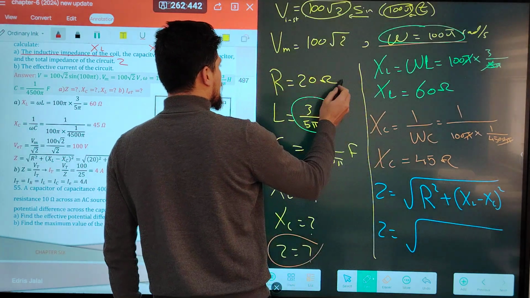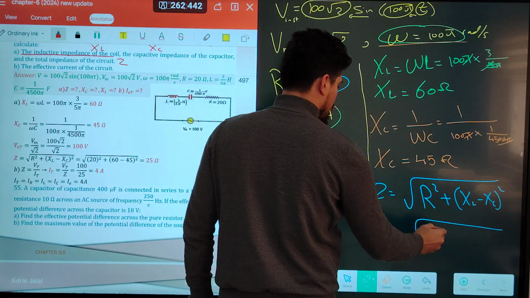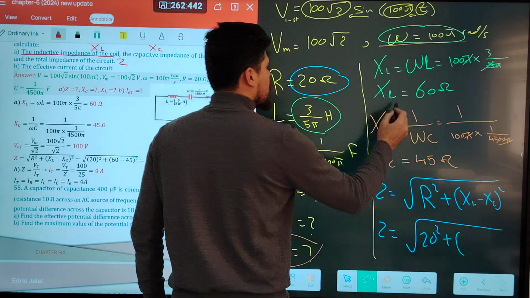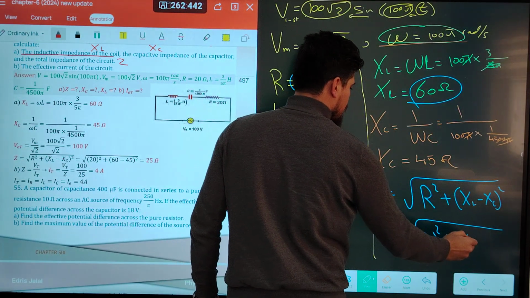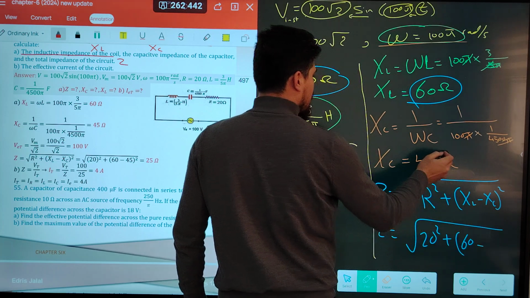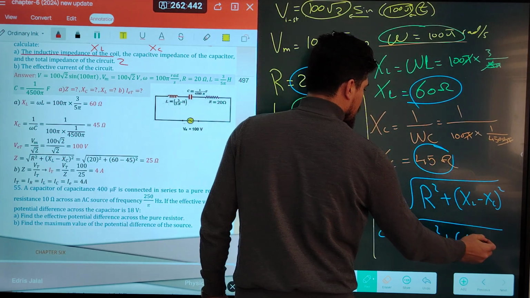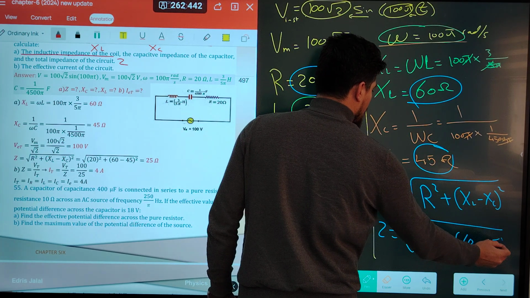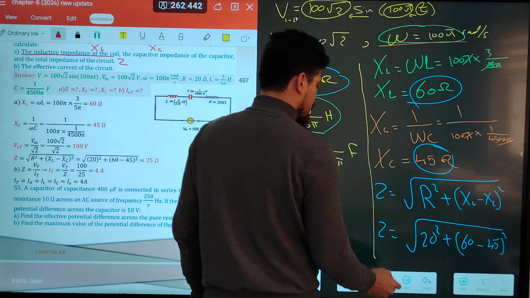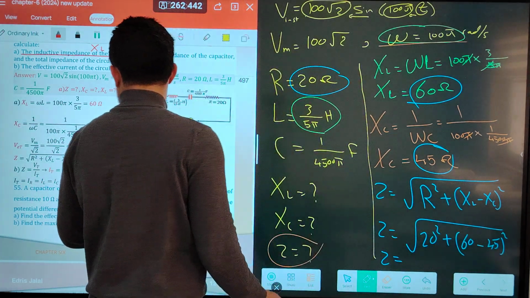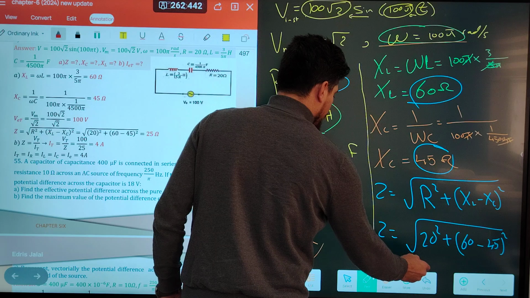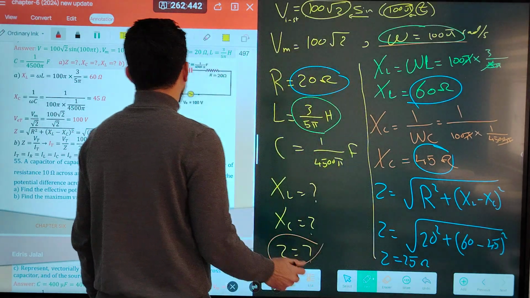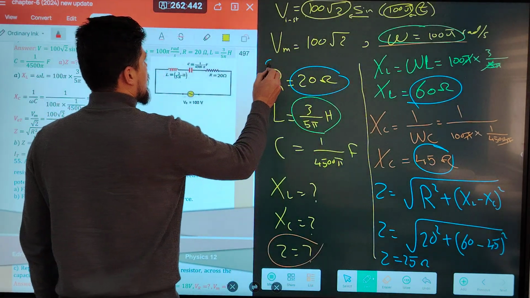Replace R was given, 20. XL we didn't have, but we found, 60, minus XC, which we also found. Both of them subtract and square. Z is equal to what? Z is equal to 25 ohm. Very easy question. This is branch A.